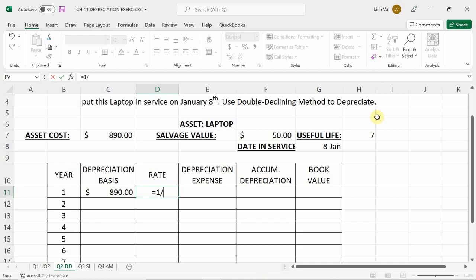Correct, right? Double declining, we have to multiply by twice as much. So it's 1 over the estimated useful life, which is 7, and we multiply it by 2 because, like you said, it's double declining. Good.